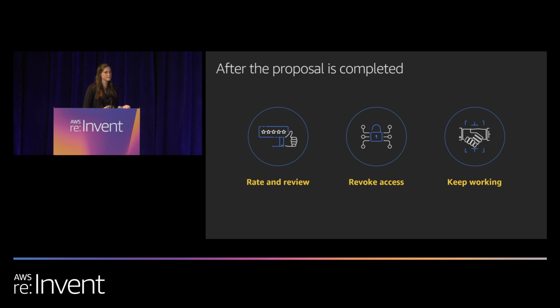After your proposal is completed, as I mentioned, we automatically revoke the access, so the experts can no longer access your account. And finally, you can continue working with the experts. They can continue to submit proposals for subsequent projects for as long as you'd like. This really helps you to get the right expertise and build relationships on IQ.